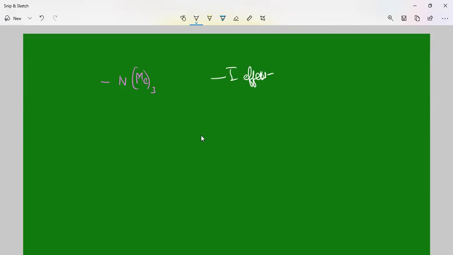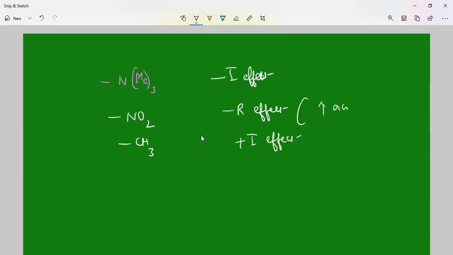Whereas where the NO2 group is there, that NO2 group exerts a negative R effect, whereas the CH3 group on the 5-membered ring shown exhibits a positive inductive effect. So when NO2 is there, acidity is greater.